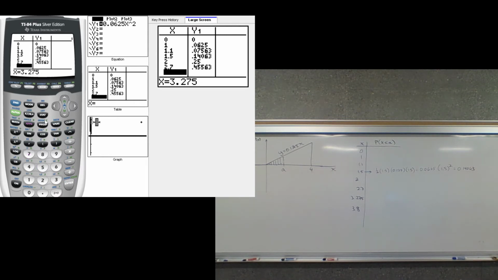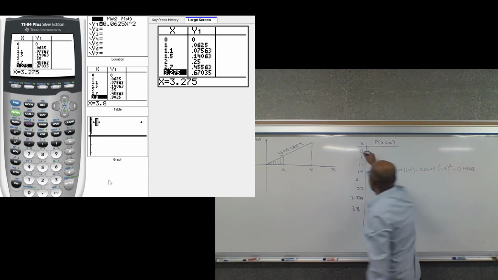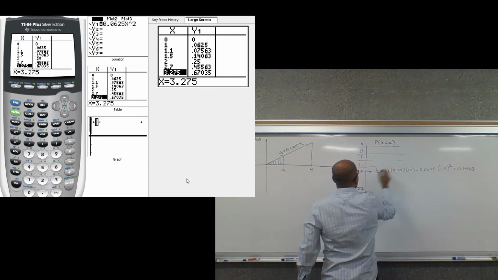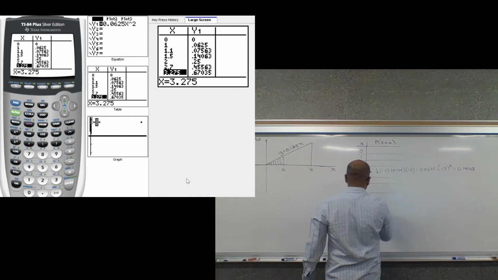I think it'll start erasing the last one, 3.8. Anyway, 3.275. So there we go. So we can just fill in those values here and get all these probabilities quite easily.